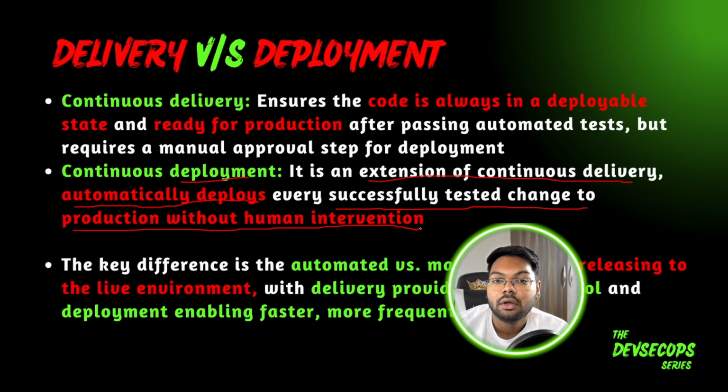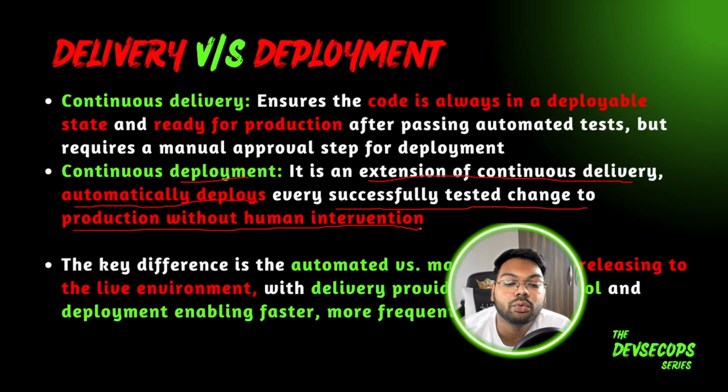So now, you do not want to hold up to the release date. You want to instantly deploy all the changes that are tested and passed successfully. You do not need human intervention, and it would continuously deploy your stuff on the production environment.